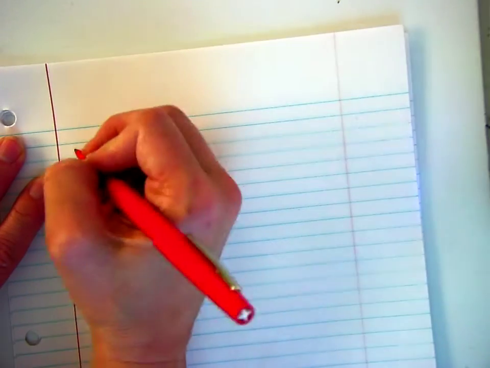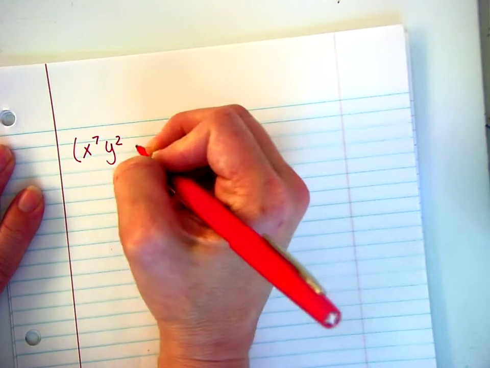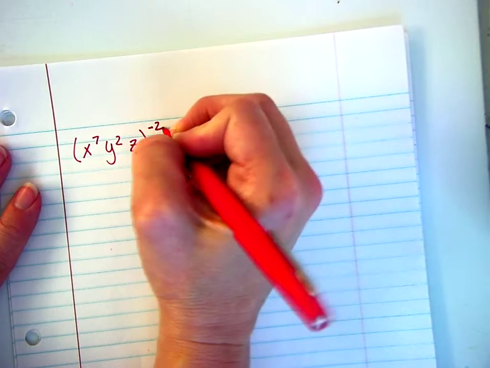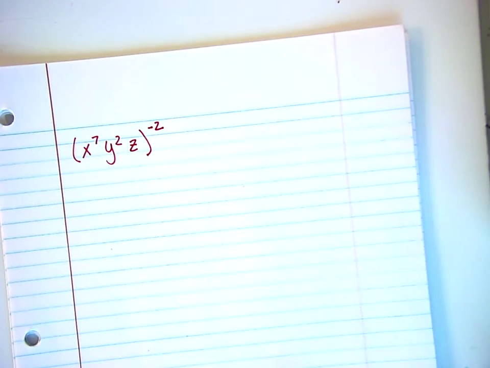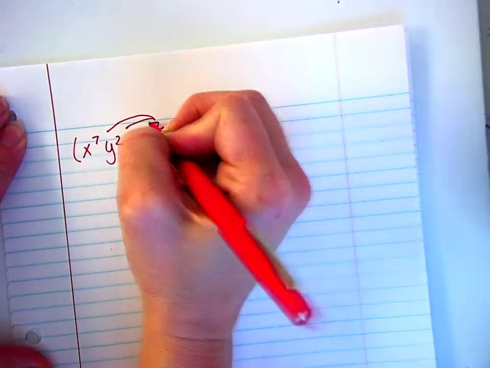Let me give you one of those. Okay? All right. X to the power of 7, y to the power of 2, z, all raised to the power of negative 2. Next one's up. Okay, when you distribute that negative 2, everything's going to be negative.